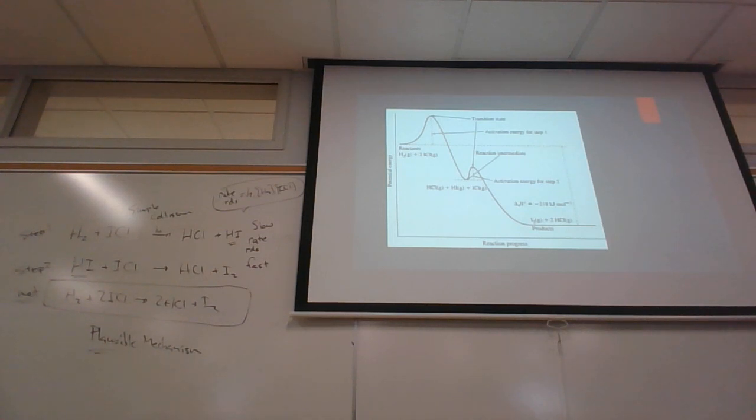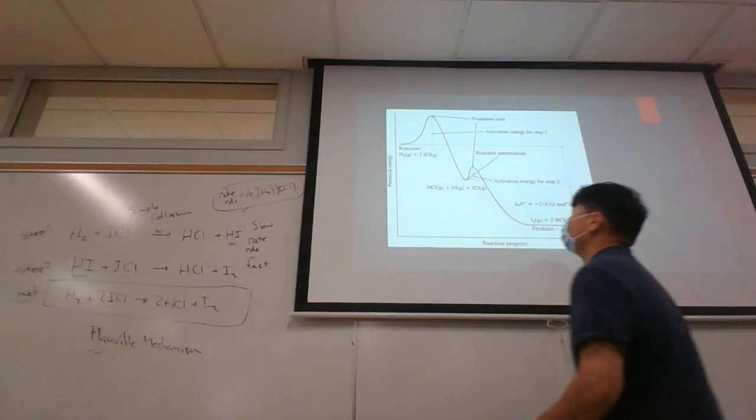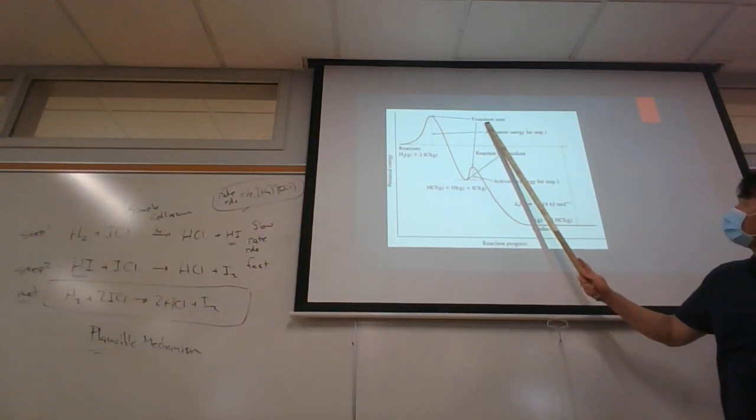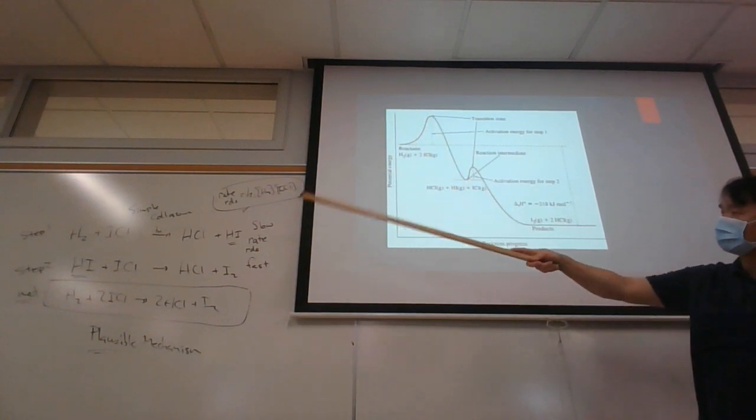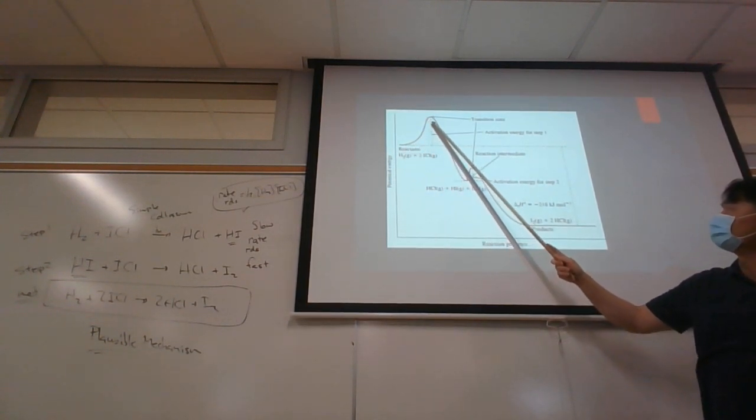So this would be the transition state here. That would be at the top of the peak, and that would require a certain amount of energy called the activation energy to achieve. And so the transition state would be here, that transitory state that we can't really isolate. And this would be the activation energy for step one.